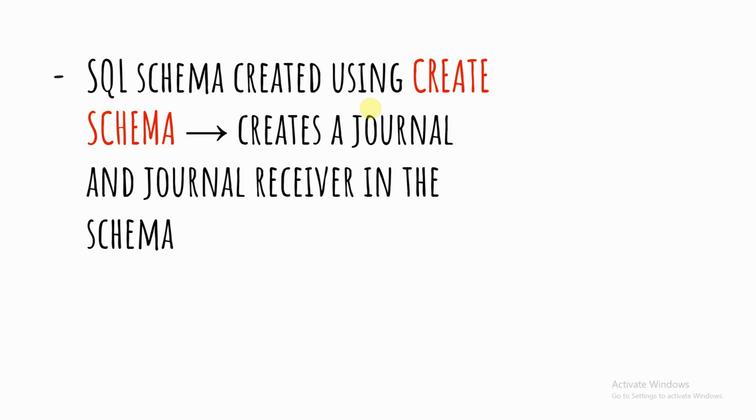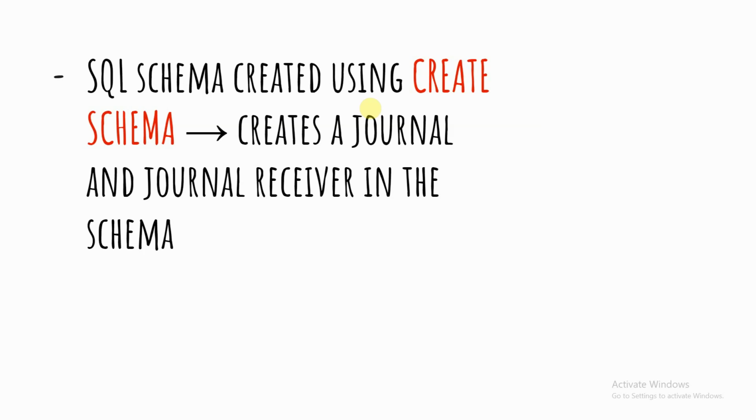You can perform journal functions on the tables created inside that library, and you can enable journaling on those files by creating a journal and journal receiver. But in an SQL schema you don't need to do this.